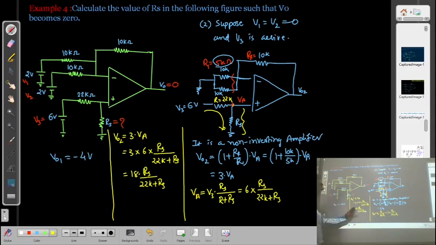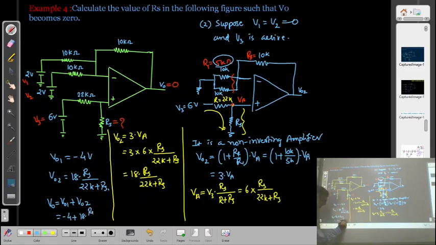Correct? So we have calculated VO2. So my VO2 is equal to 18 into RS divided by 22K plus RS. Therefore, the output voltage is summation of VO1 plus VO2, equal to minus 4 plus 18 into RS divided by 22K plus RS.